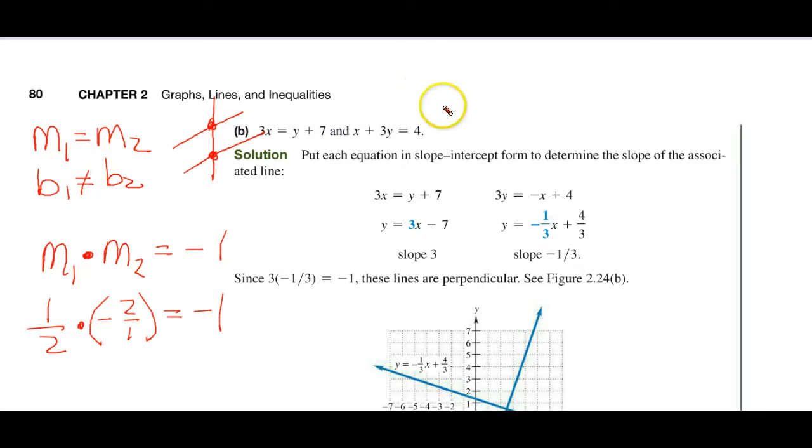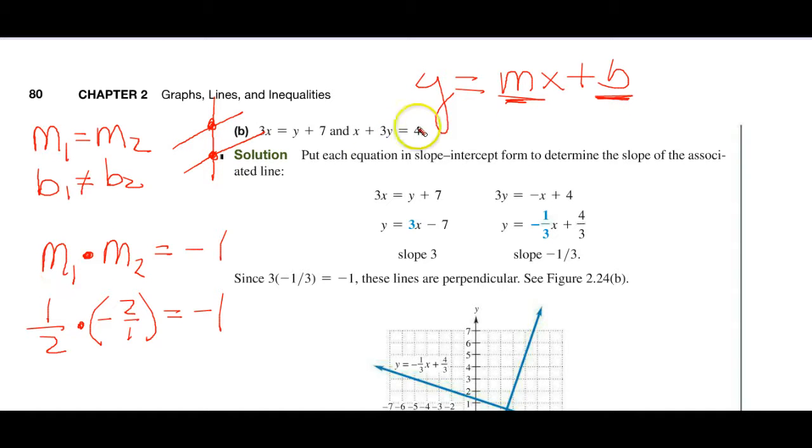So if you were to solve an equation for y, and then you get mx plus b, and two equations, you compare the slopes, compare the y-intercepts. If the slopes are the same but the y-intercepts are different, the lines are parallel.